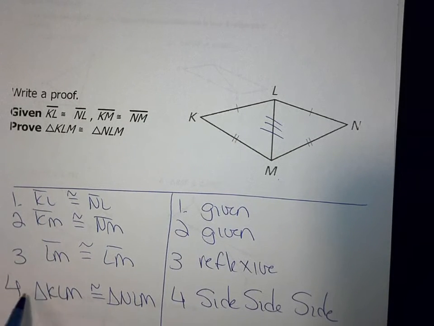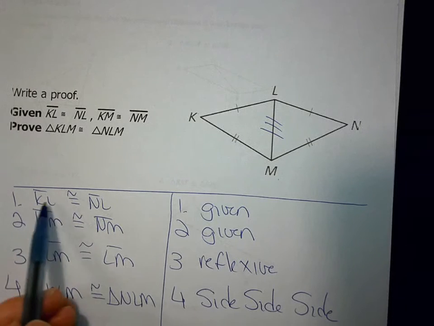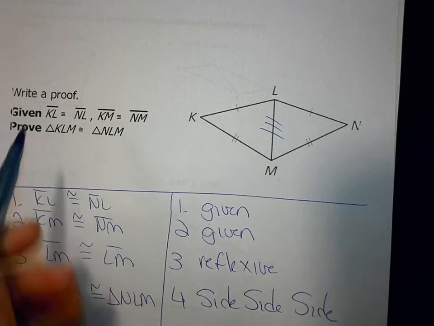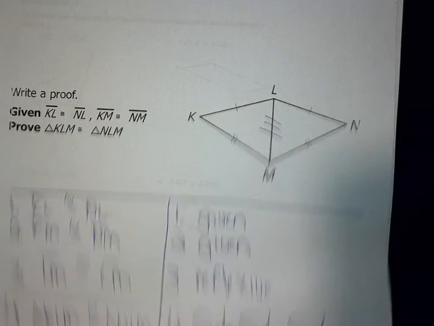Now, please remember when you're writing your proofs, number 1 should always be the given. The last line on the left should always be the prove statement from the proof.